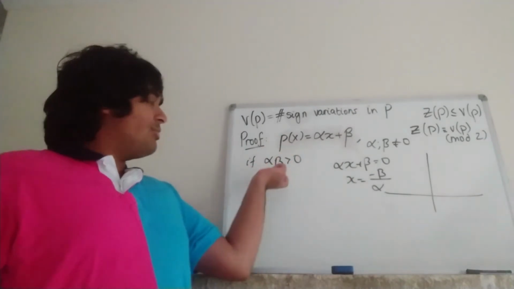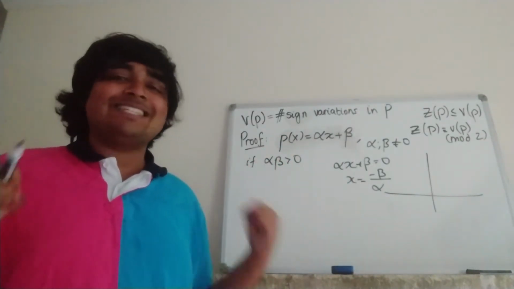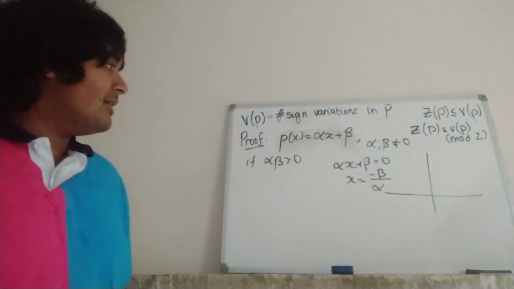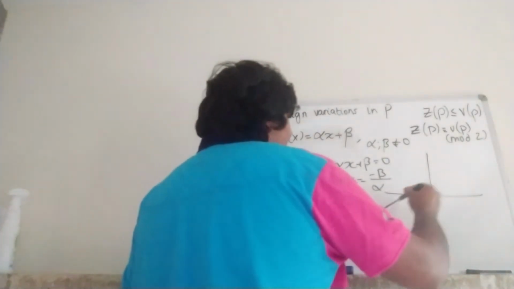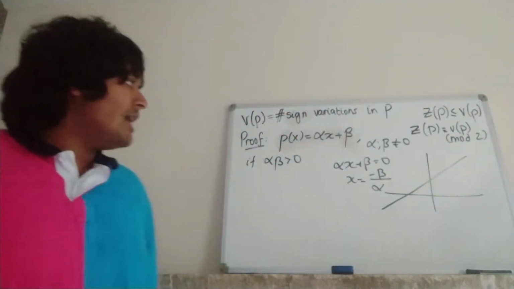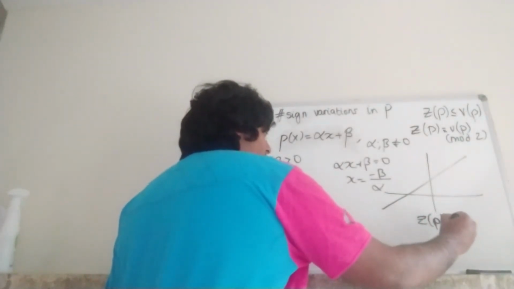When you multiply them together you get something positive, which means that alpha and beta have the same sign. So minus beta over alpha will be some negative number, so it's going to look something like this. It only has one root, but it's negative. So Z of P is 0 because it has no positive real roots.